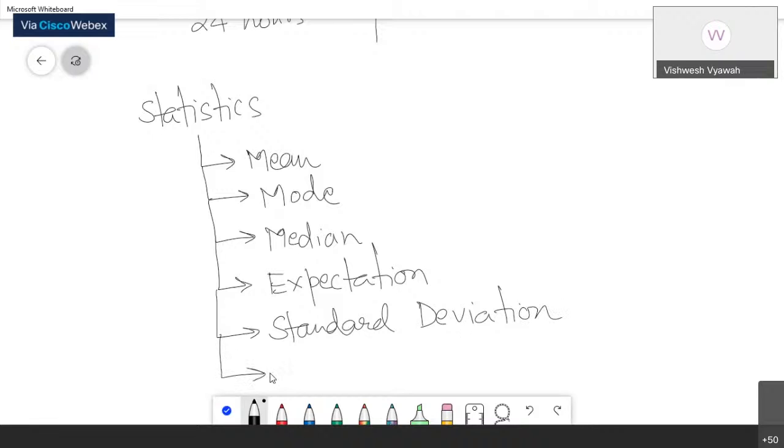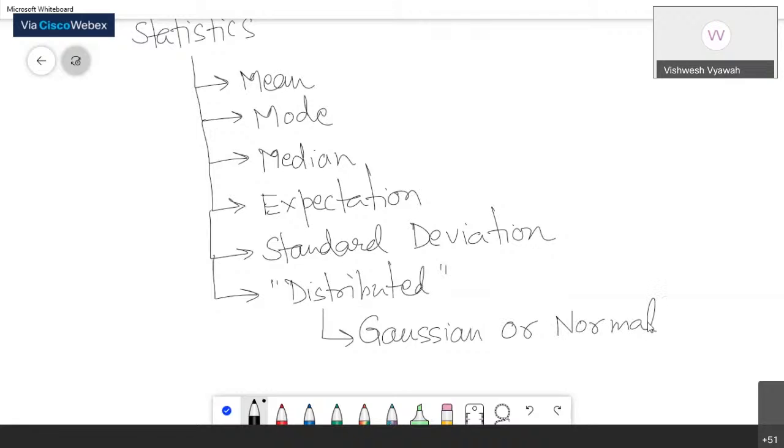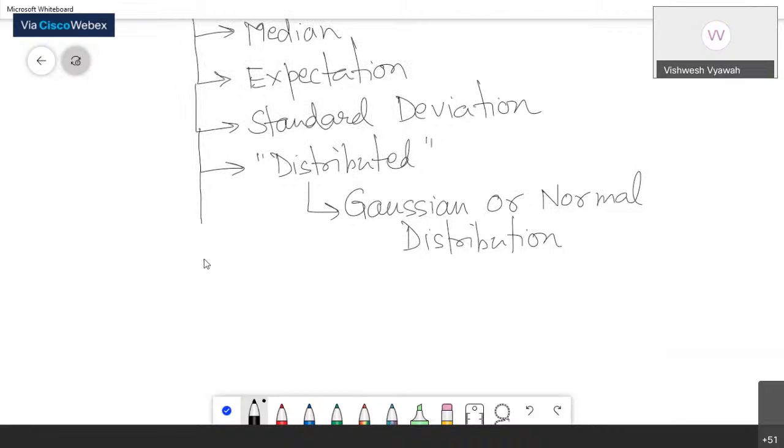I also want to find in what way my data is distributed, and the most commonly used distribution is the Gaussian or normal distribution. Then I am also interested in skewness. I might also be interested in kurtosis analysis.